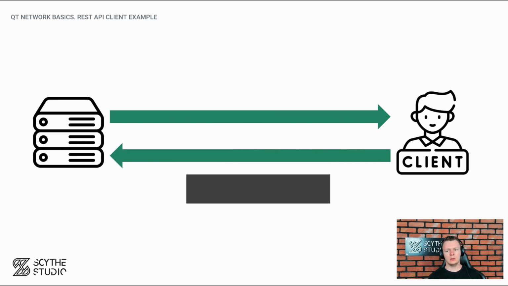In networking, it's also possible to create your own type of communication by directly working with raw bytes using sockets. For example, in Qt, there is a class called QTcpSocket that allows you to establish a connection and exchange data with another socket.